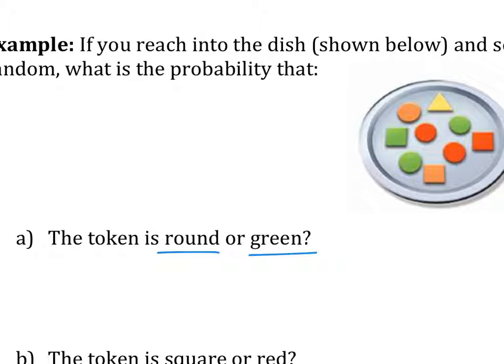Is it add or multiply? Add. Okay, now also when you see or, it tells you that you need to check if something is mutually exclusive or not. So, can you see something that is round and green at the same time? Yes. So, round and green is not mutually exclusive. It can be both at the same time.